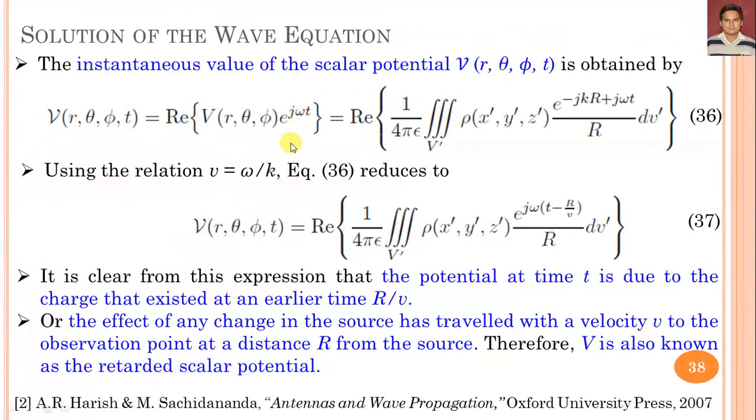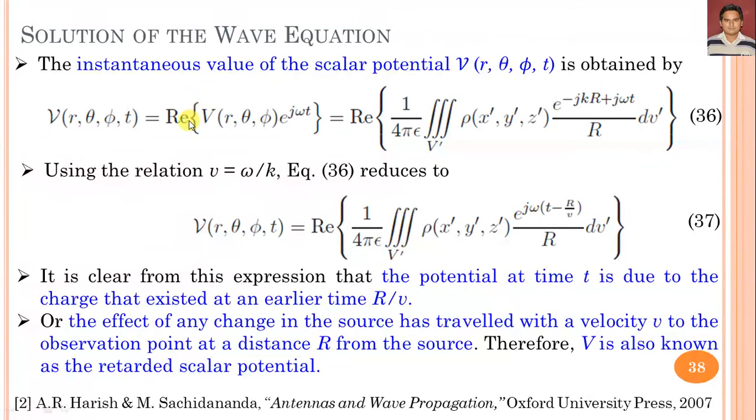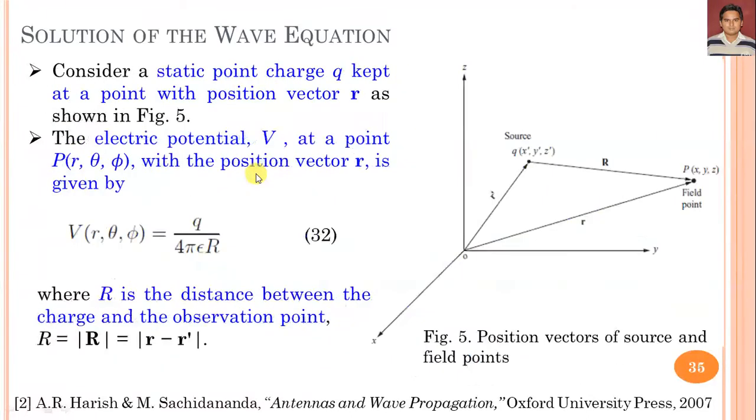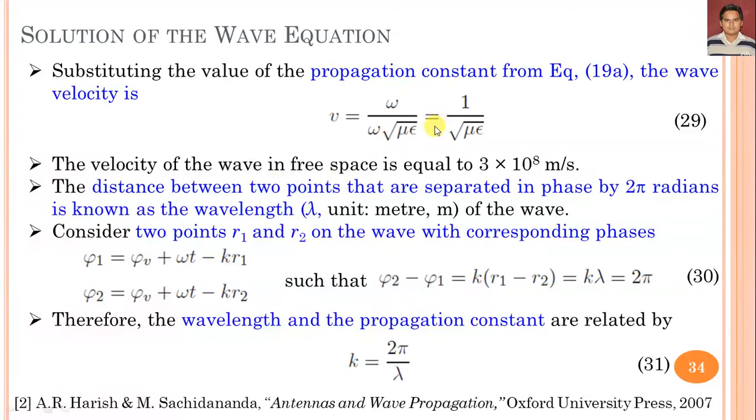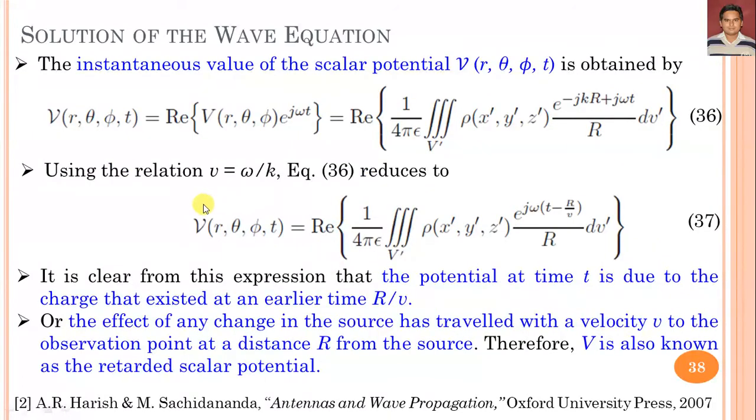We put the values of V(r, theta, phi) in this equation and consider the real part. Then, putting v equal to omega upon k, we can calculate the expression 37.